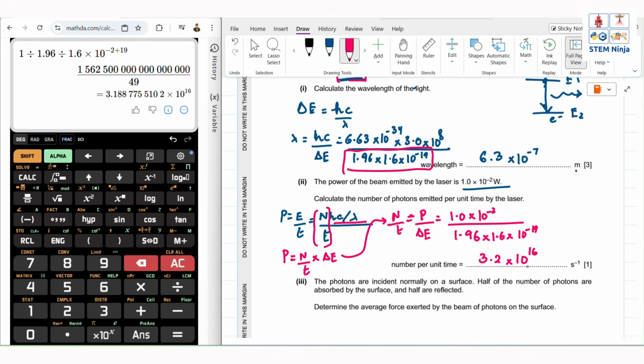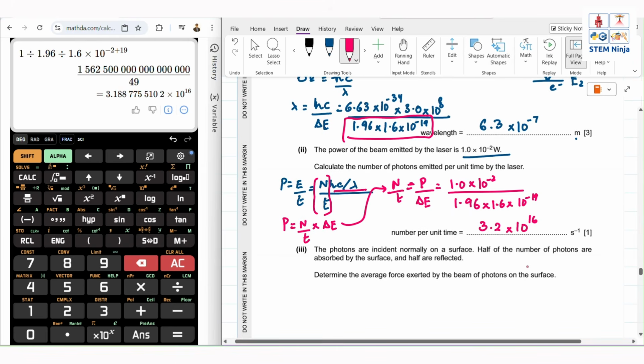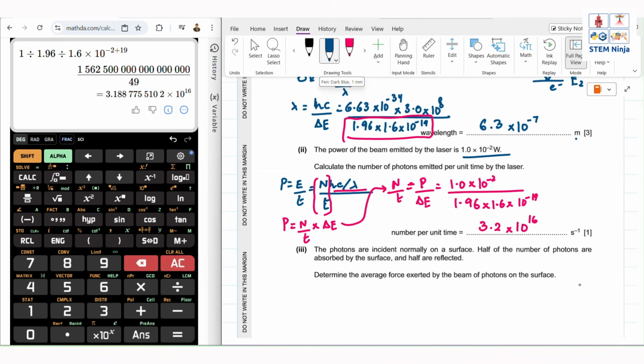The photons are incident normally on a surface. Half the number of photons are absorbed by the surface, half are reflected. Determine the average force exerted by the beam of photons on the surface. Okay, now we know by the definition of force, force is the rate of change of momentum.